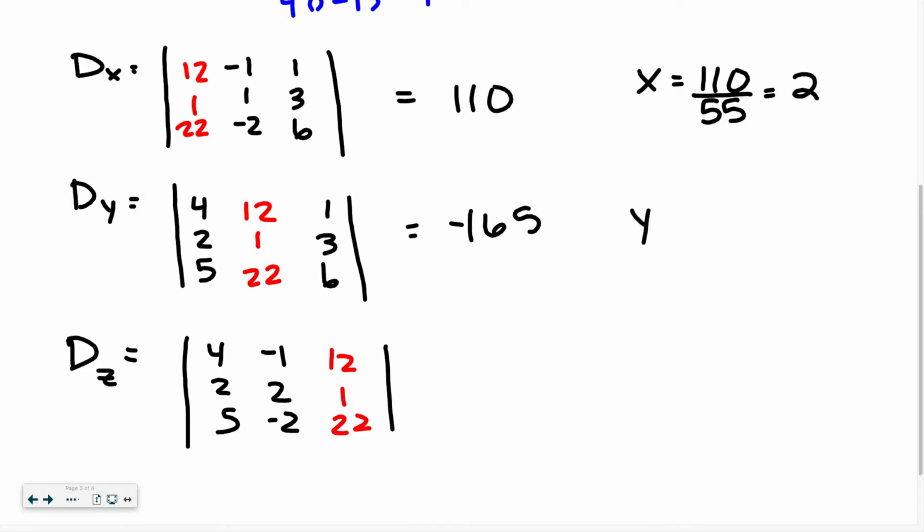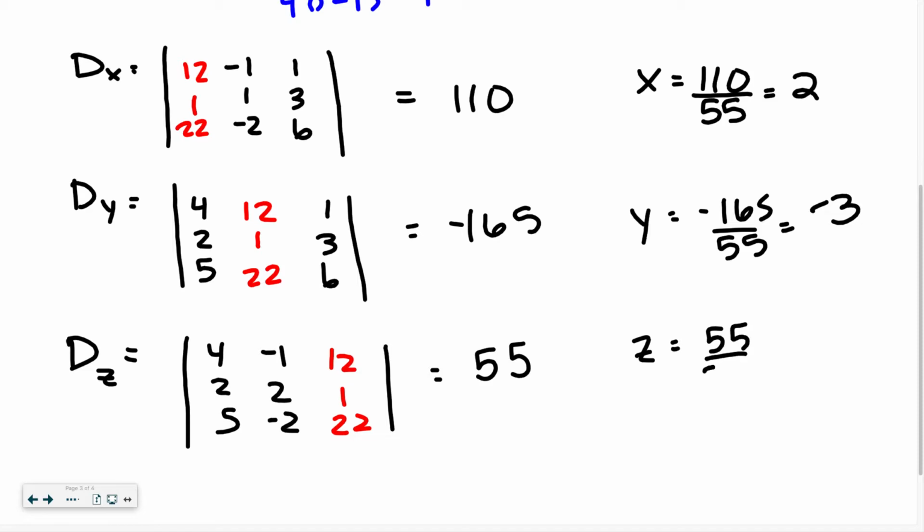And then y equals negative 165 divided by 55, which is negative 3. Excellent. And then d sub z's, what did you get for your determinant there? 55. And z equals 55 over 55. So then my ordered triple would be 2, -3, and 1.